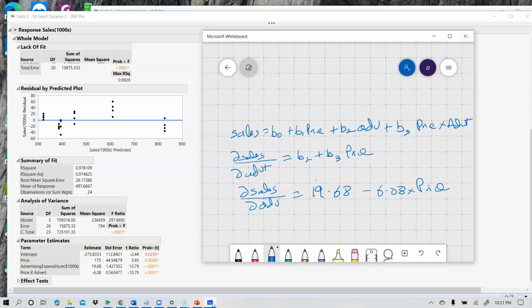So to truly see the effect of ad spending on sales, we'd have to fit in a value of price, and then we can see what is the effect of a unit change in ad on our sales.